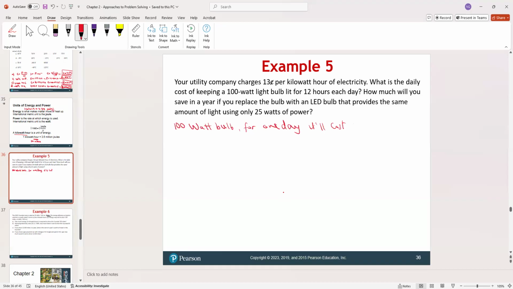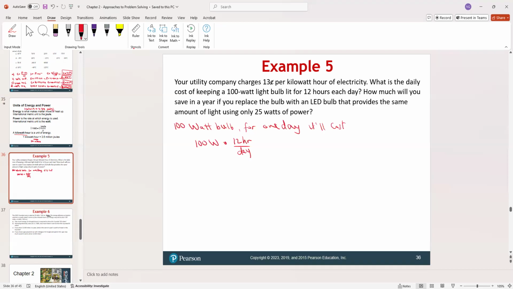Let me write it down here for you to see. We have 100 watt, and we're going to do it 12 hours per day. Let me put day like this so you can see it. So 100 watt per day.